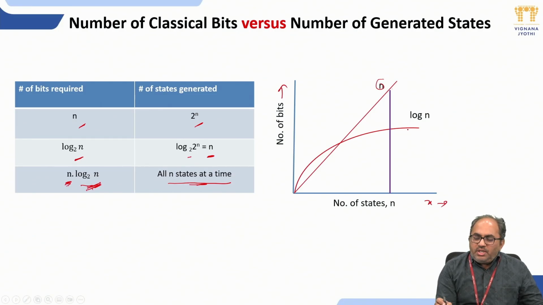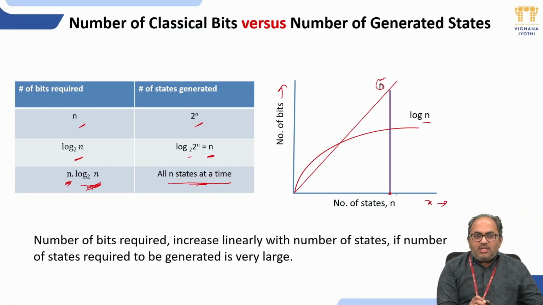Now if the number of states you want to generate is very high, your linear function dominates the logarithmic function. That means the number of bits required increases linearly with the number of states if the number of states required to be generated is very large. This is a very important point.